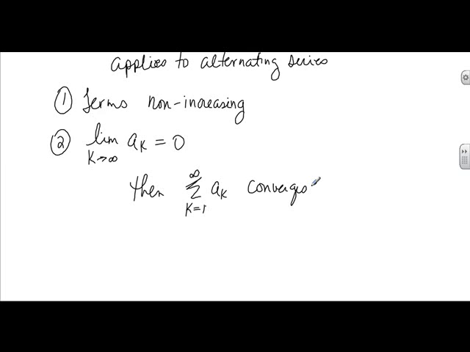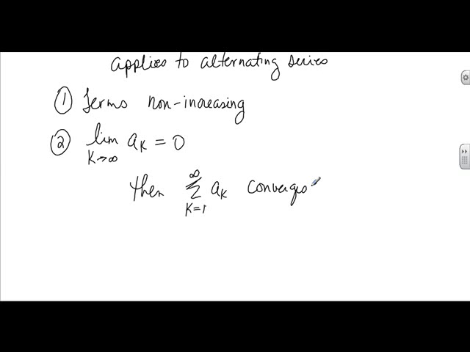Now, a good rule of thumb when you're working with an alternating series is to work through these two parts of the test in reverse. Find the limit first, and if you get 0, then look and see if the terms are not increasing.